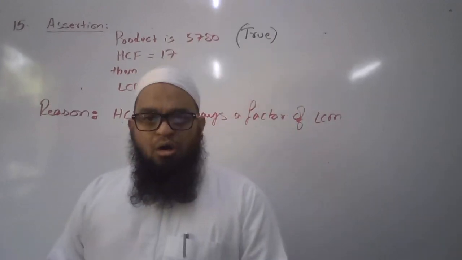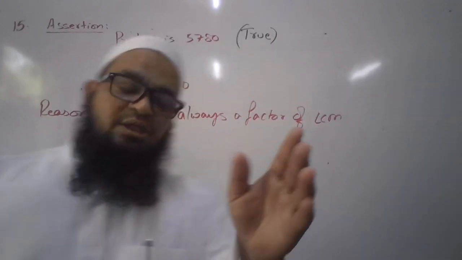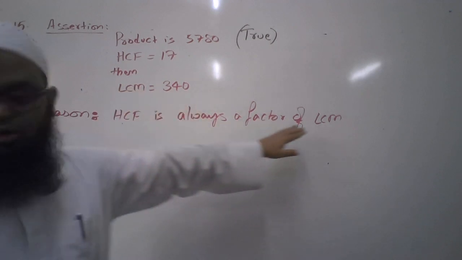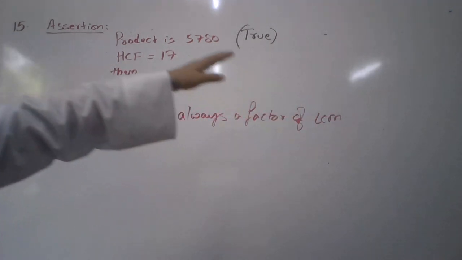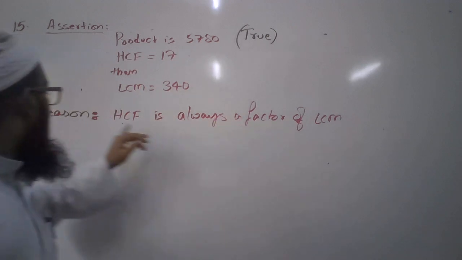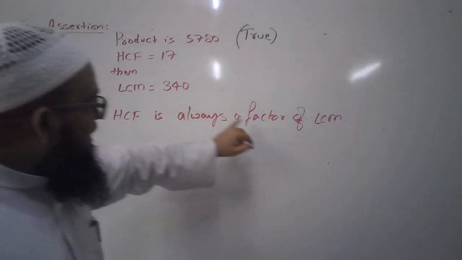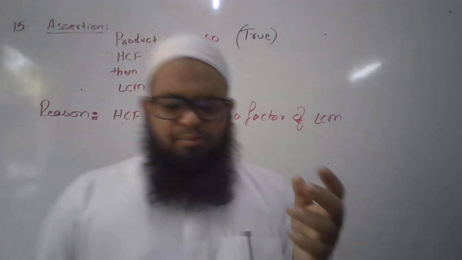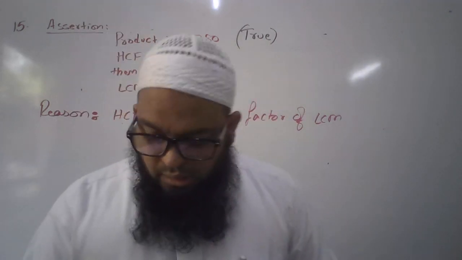So is this true or not? Yes. See, forget about highest common factor or lowest common multiple. A factor is always a factor of a multiple. Is it right? Yes.